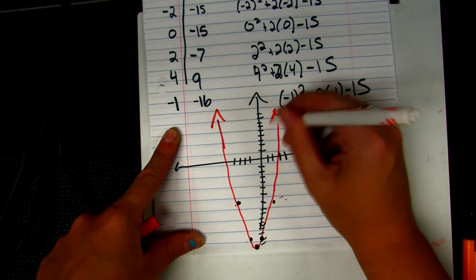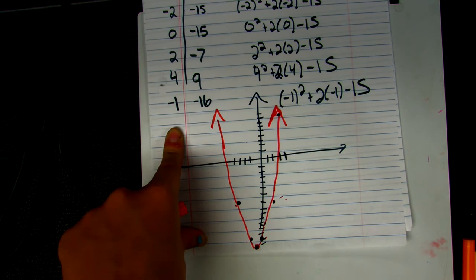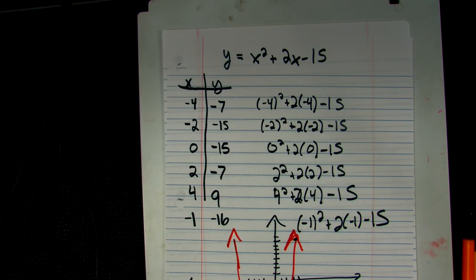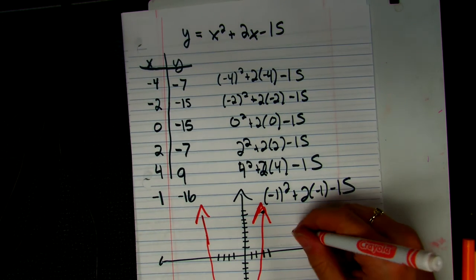So we just sketched our first graph of a quadratic function, and it is a curve, right? So this curve that represents a quadratic function, we call that curve a parabola. Okay, so a parabola.